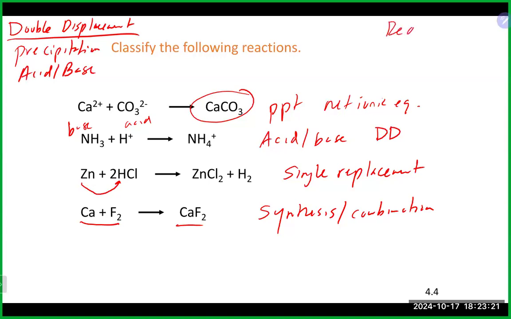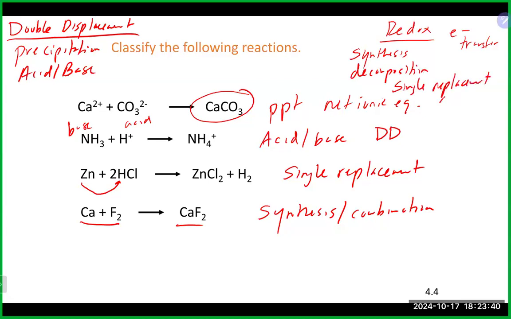Under the redox umbrella, where we have our electrons being transferred, we have all the other classification reactions. Synthesis falls under there. Decomposition falls under there. Single replacement falls under there. And combustion reactions fall under there. So those are, again, more specific ways of classifying reactions, but ultimately there are electrons being transferred and a redox reaction basically happening. Any questions on any of that there?